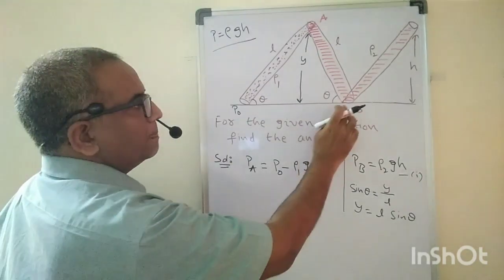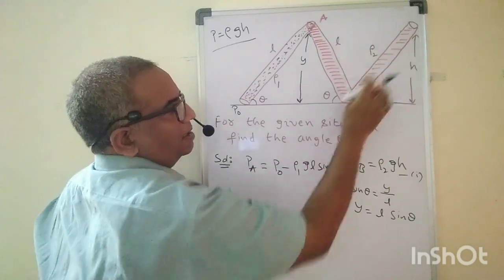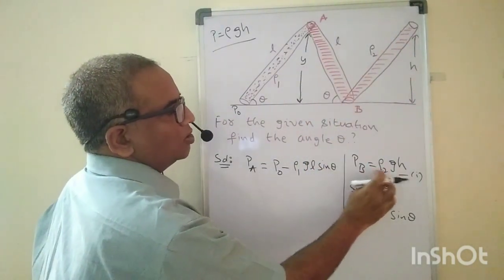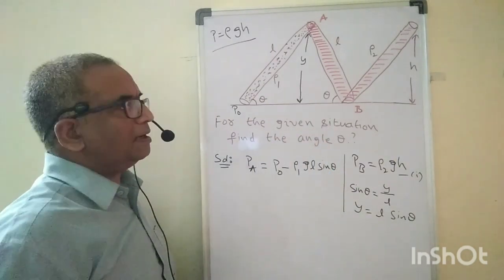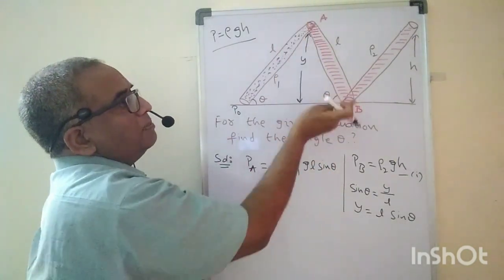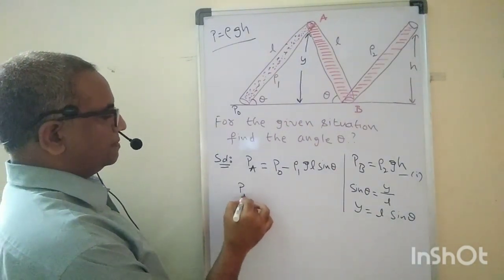Now let us look at PB. PB due to this particular tube is rho 2 GH, that is one point there. But what is the pressure due to this rod, between A and B here?